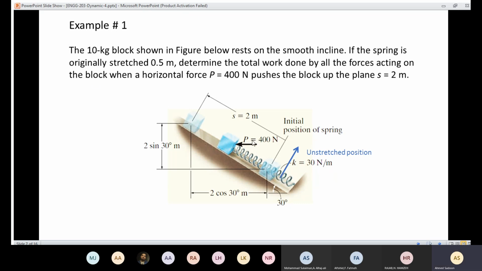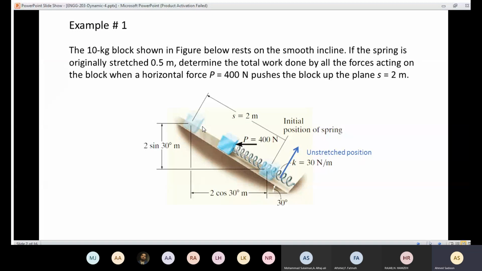And the value of P here is 400 newtons. It's going to push the block up the plane where s goes from 0.5 to 2.5. So the displacement is 2 in that case.